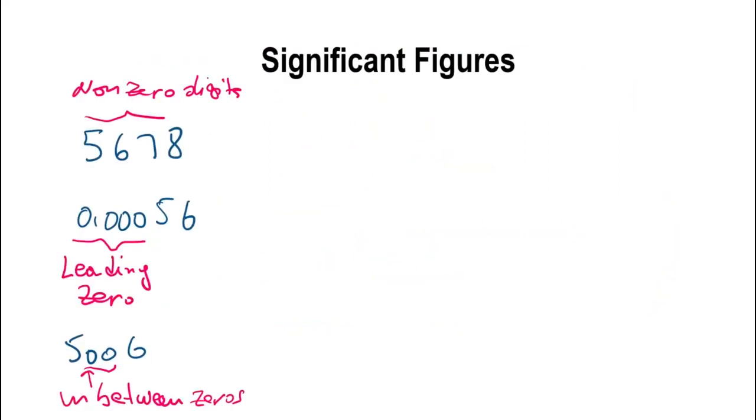Let's talk about significant figures. Take this number, 5,678. All non-zero digits count, so you have 4 significant digits, or significant figures. Now, if we have, for example, 0.0056, these zeros we call leading zeros. They don't count.